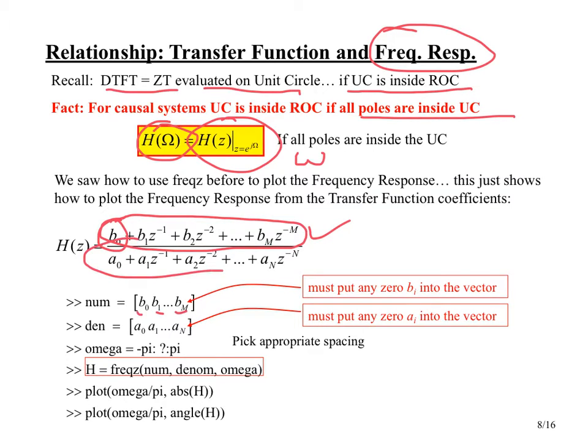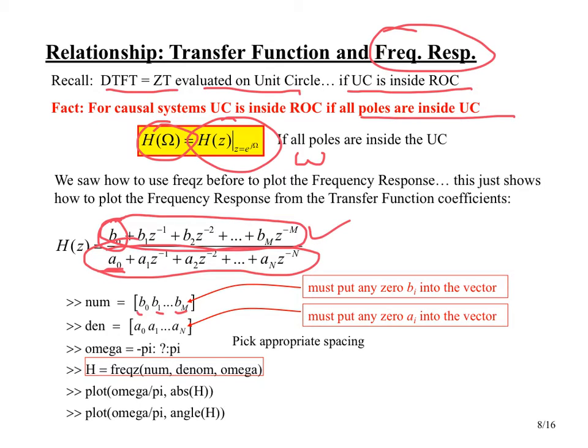We do the same thing with the denominator polynomial, and here I'm showing that we could have an a0 that's not normalized to 1. Then we have to create, and this is just one way to use this command freq_z, but I actually like it best this way, and I think this is the most useful way to use it.